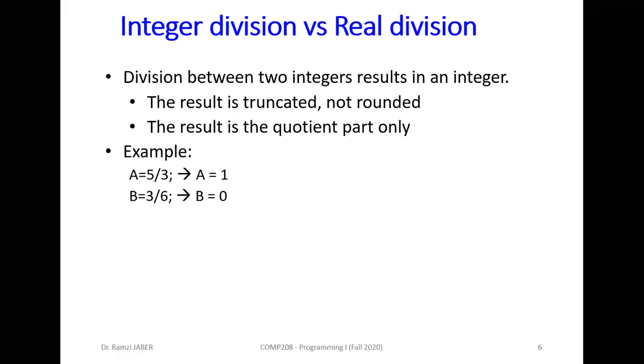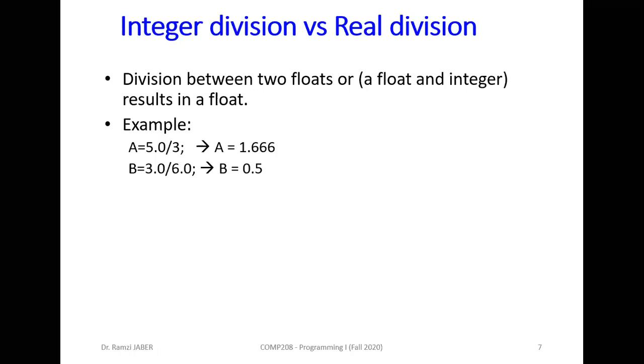Whereas division between two floats or real numbers, or a float and an integer, results in a float. If we have float over float, float over integer, or integer over float, the result is a float.